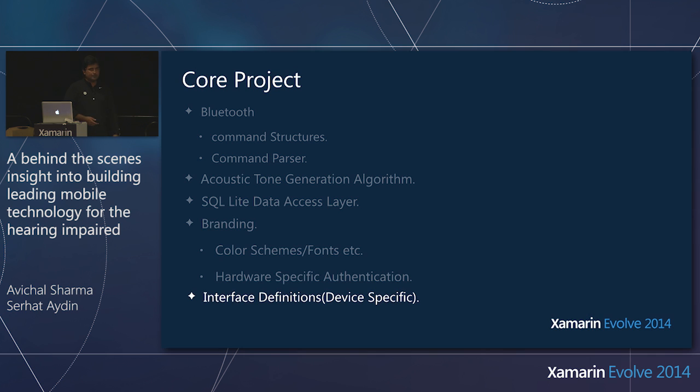Then there are always device-specific things. Of course, we cannot put them in the core layer, but we put the rules in the core layer. So all the interface definitions are there, and the iOS and Android devices are responsible for implementing these protocols on their side.